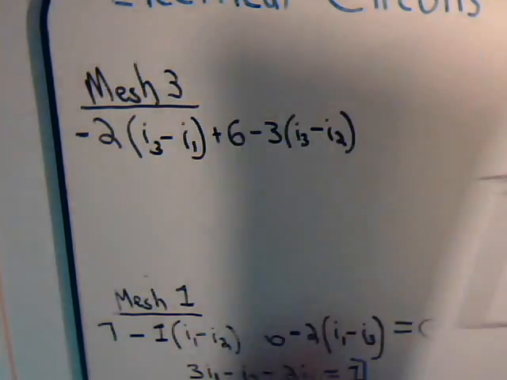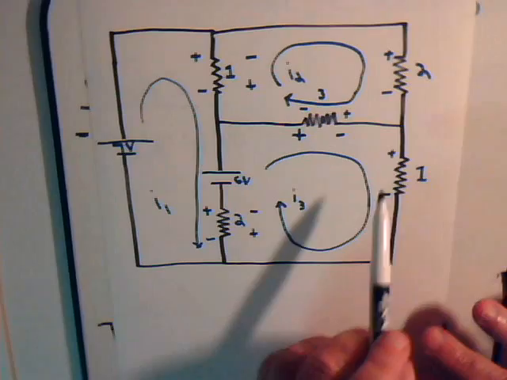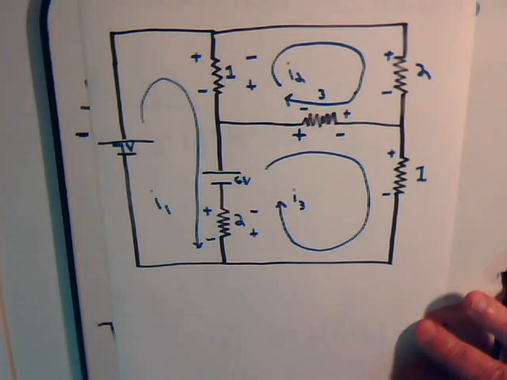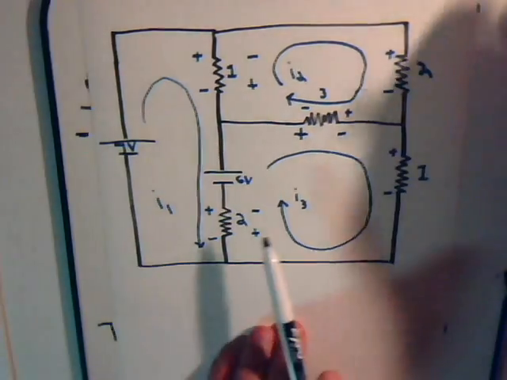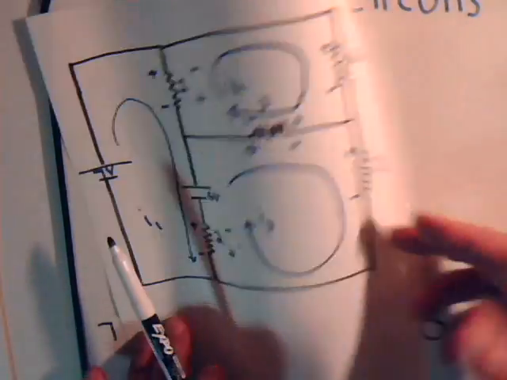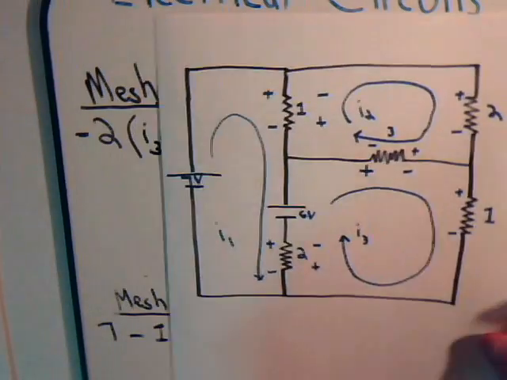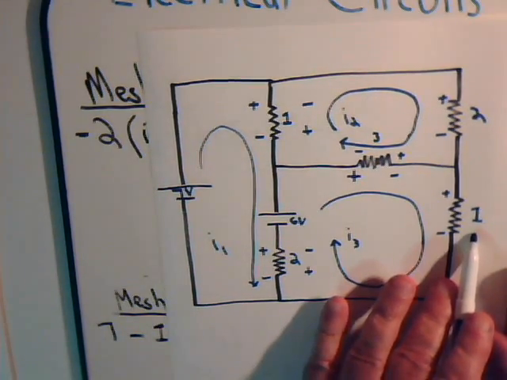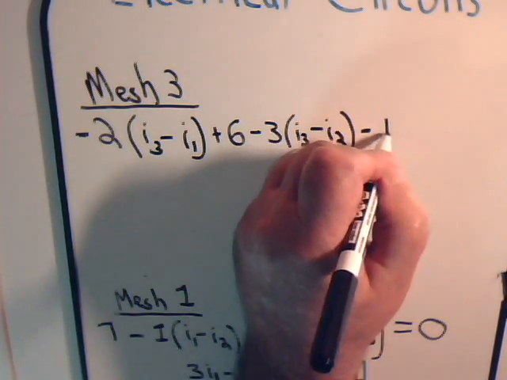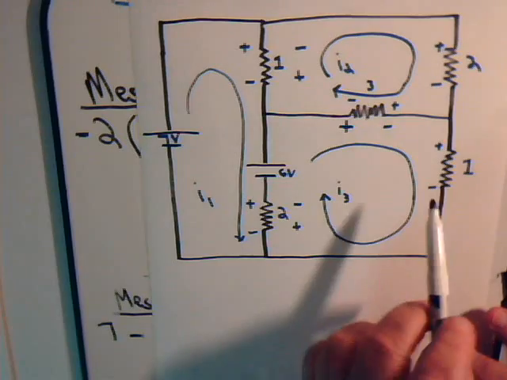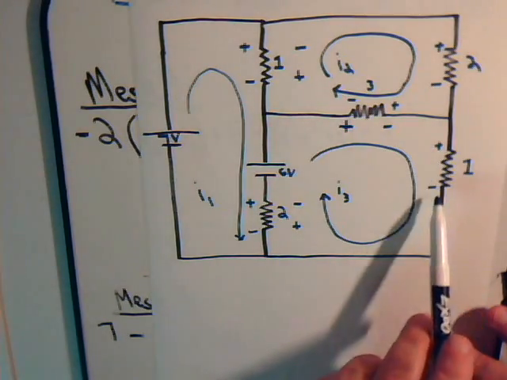Then finally it goes through this resistor. There's no other currents going through it. It is a voltage drop, so we designate that with a minus sign. How much is the voltage drop? The value of the resistor, which is 1 ohm, times the amount of current going through it, which is just I3.